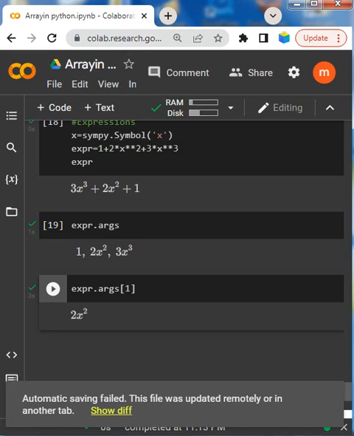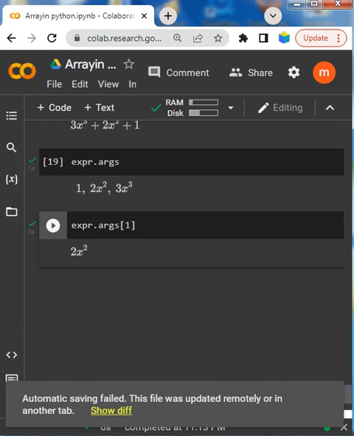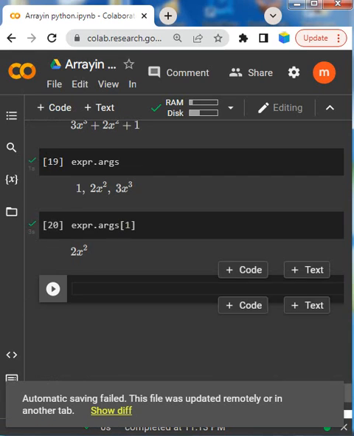Now the simplification. First I am going to try simplification.